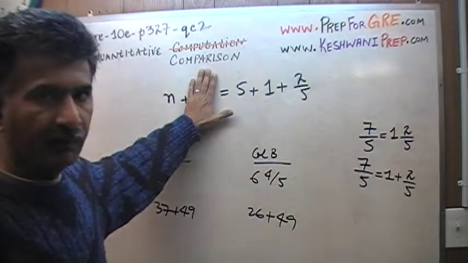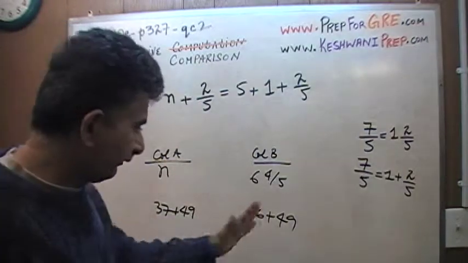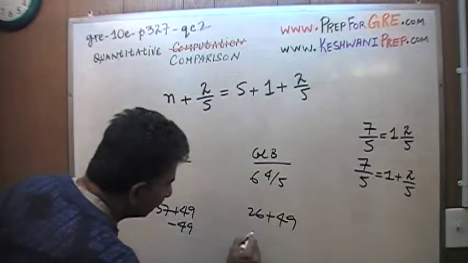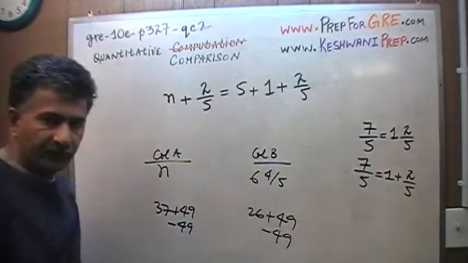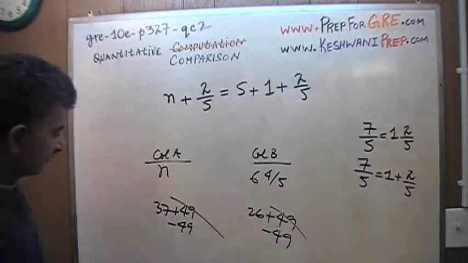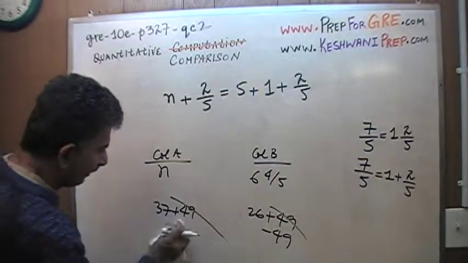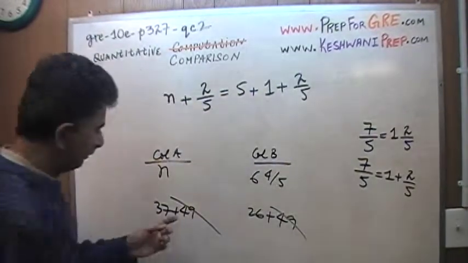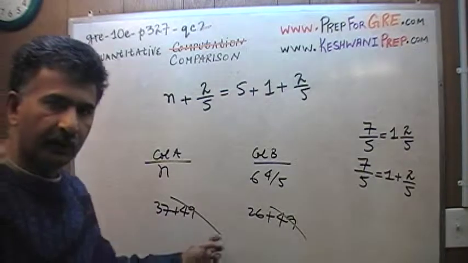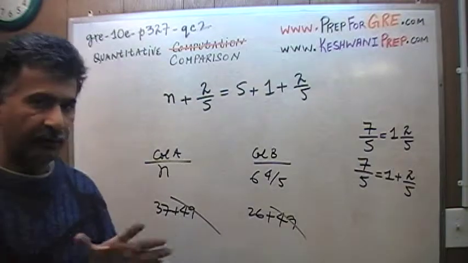Do not compute them, compare them. So here, we will simply subtract 49 from both columns, and this 49 disappears. I'm not going to show the intermediate step, we just simply cross them out. We cross out 49 from here and 49 from here. Technically, we're subtracting 49 from both columns, and it's perfectly legal to do that.